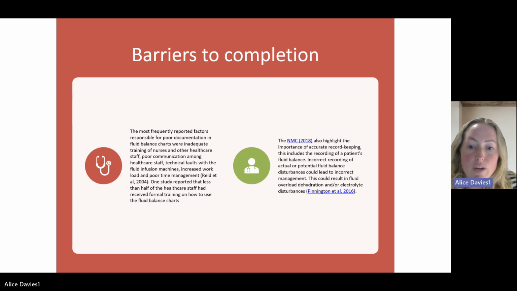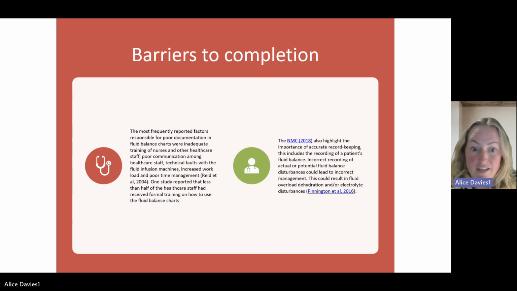Accurate record keeping is really highlighted in the NMC update of 2018 for fluid balance. Incorrect recording of actual or potential fluid balance disturbances really can lead to incorrect management for women. So we've got to address this and support each other.